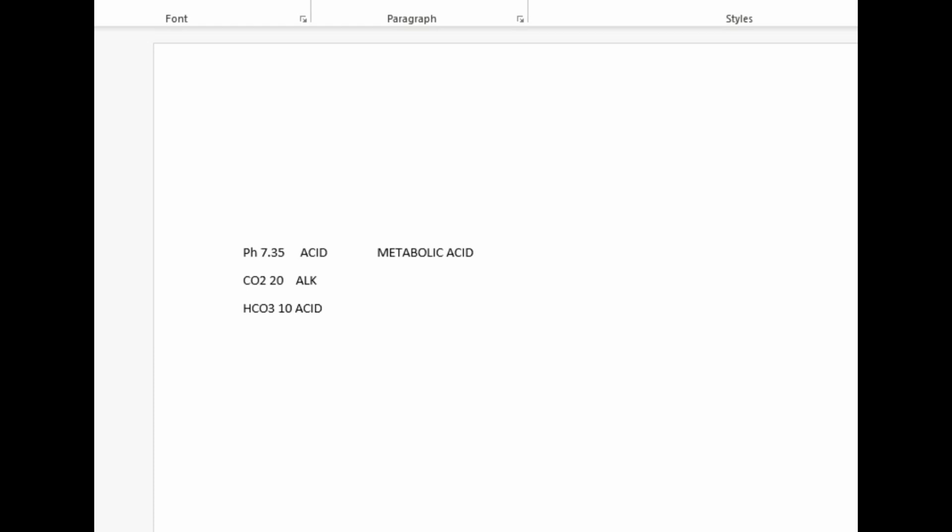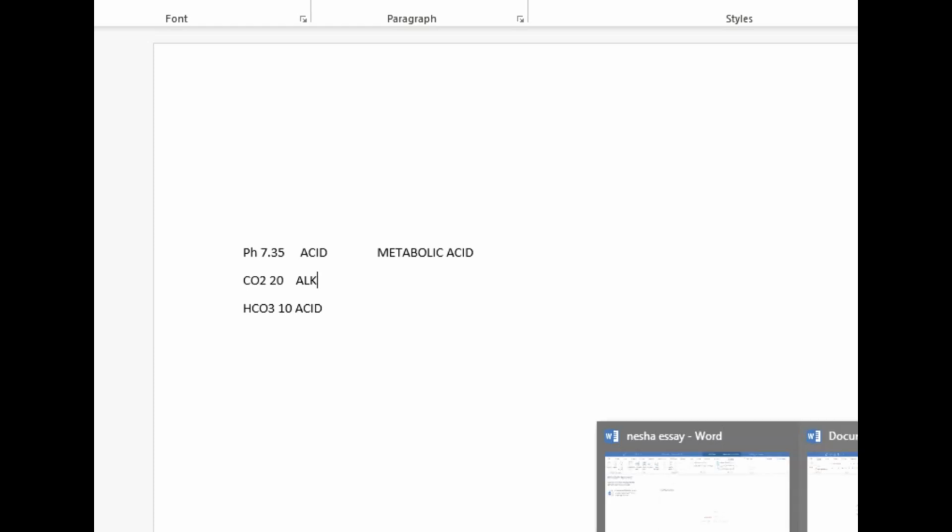I mean, you may not see this scenario, but in this situation, I would choose it's still metabolic acidosis, but it's completely compensated, meaning that this is way off, and this is way off, but we still have the correct pH, so it's completely compensated.